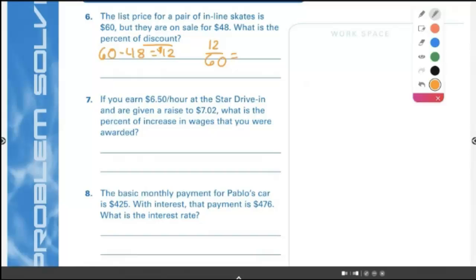Okay, 0.2, we want that as a percent, so we multiply by what? 100. And that gives us 20%. So the percent of discount is 20%. So again, make sure you are answering the question.